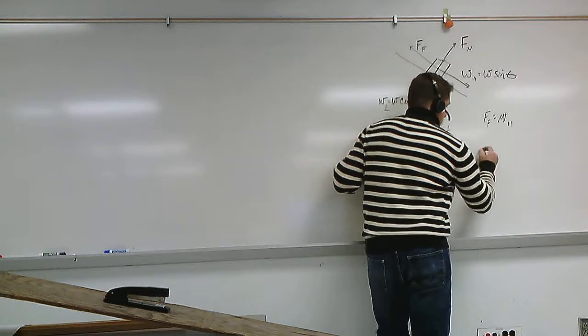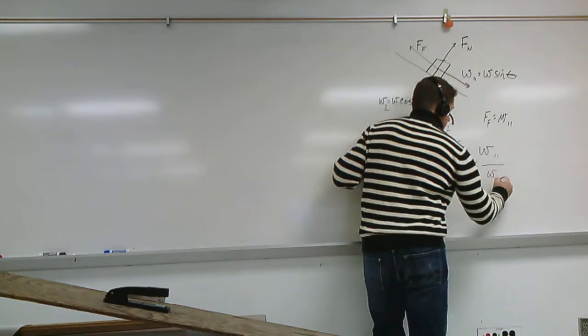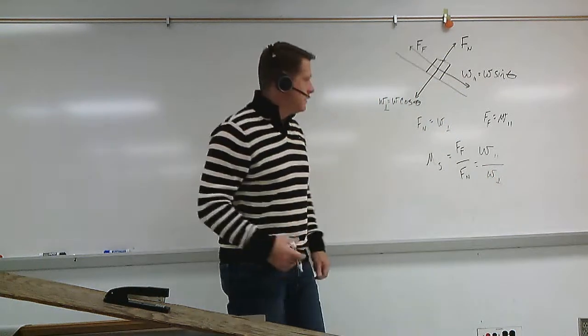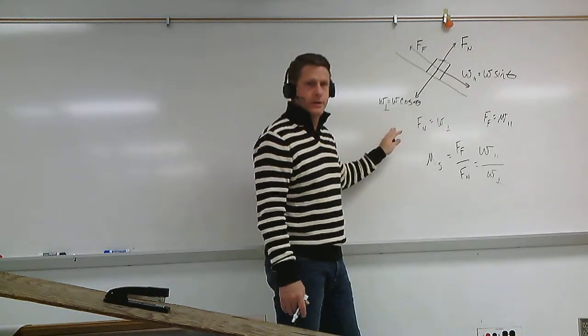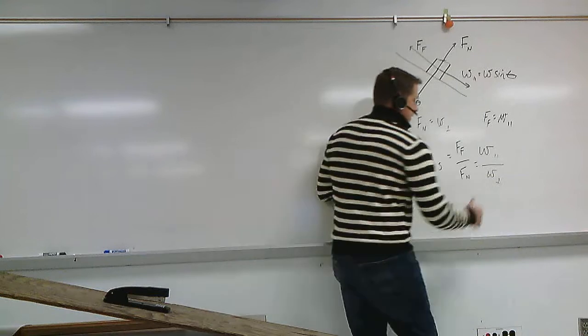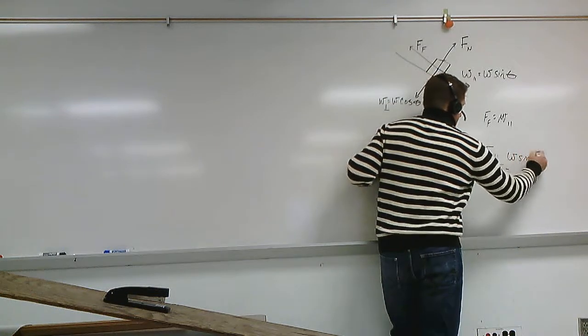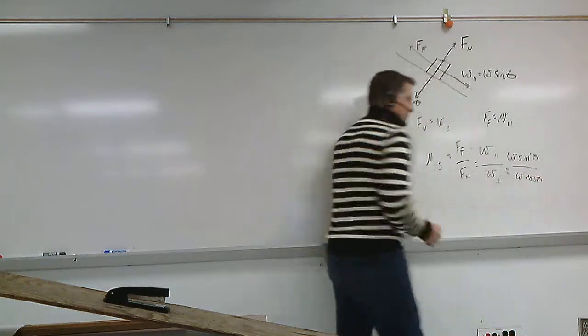So I can make this equal to W parallel, and this is equal to W perpendicular. Well, what is W parallel? W parallel is W sine theta, and W perpendicular is W cosine theta. So look at what happens when I plug that in. That's W sine theta divided by W cosine theta.